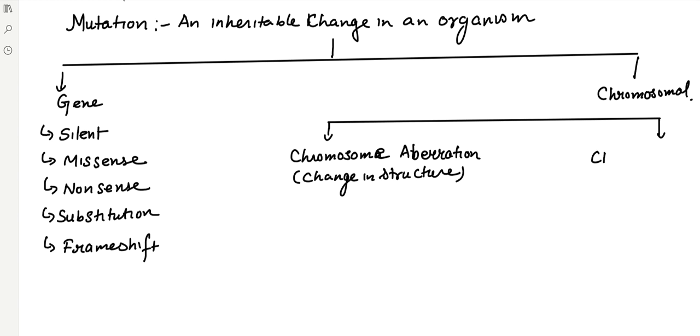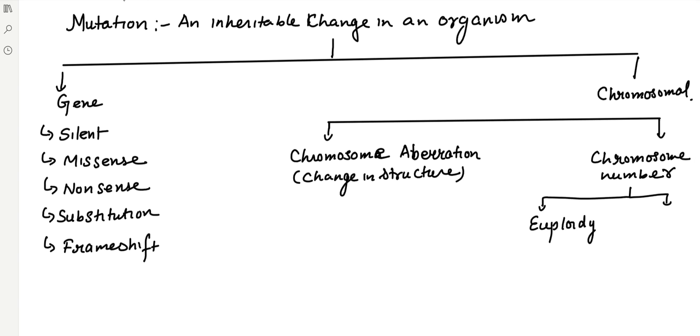And on the other hand, we talk about a change in chromosome number. Now if I'm talking about change in chromosome number, we're gonna come across two different things. We're gonna come across euploidy, where entire set of chromosomes change, and aneuploidy, where only few chromosome number changes.